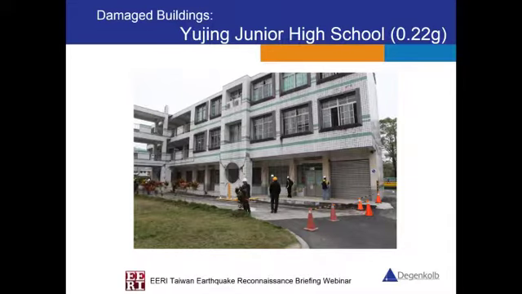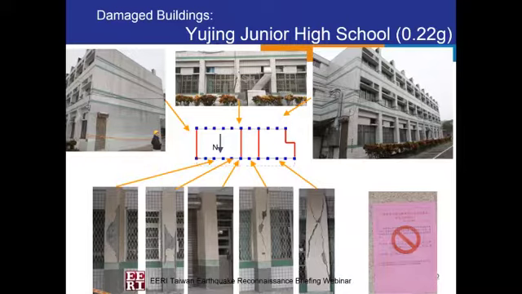As I mentioned before, most of the damage is related to the stronger component direction. On this side, if you look at the blue squares, those are the columns that align in the east-west direction, aligned with the stronger motion direction. So most of them have severe diagonal cracks next to the windows.